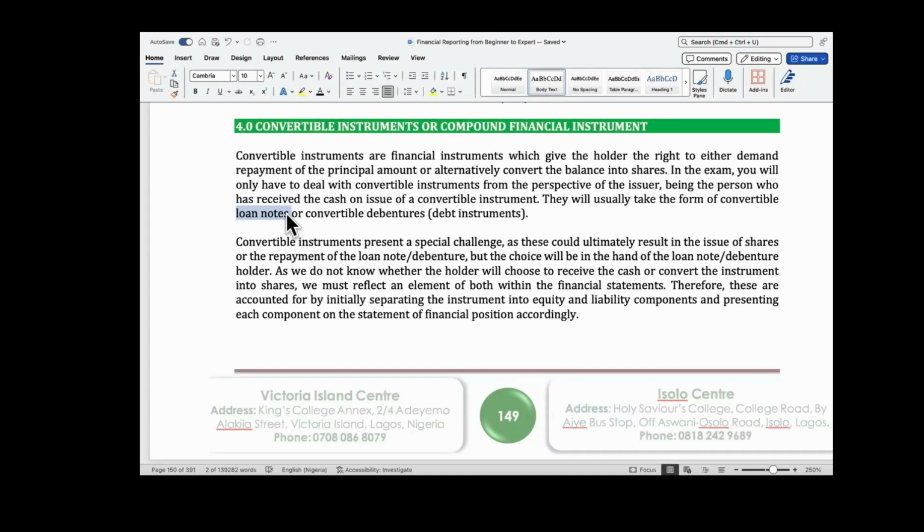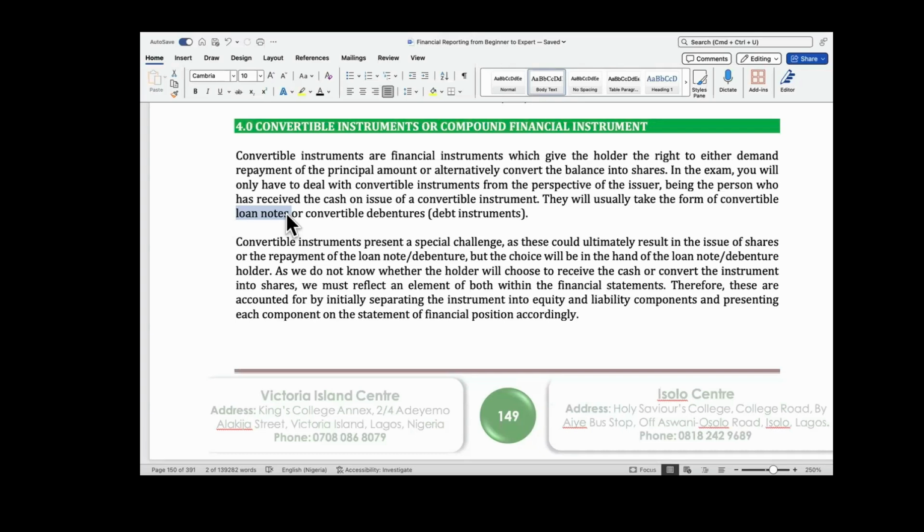But the special challenge is that we are not sure, because the choice of whether they are collecting money back or they will convert is in the hand of the investor, the debenture holder. They are the one to decide. And we cannot know what they will do.